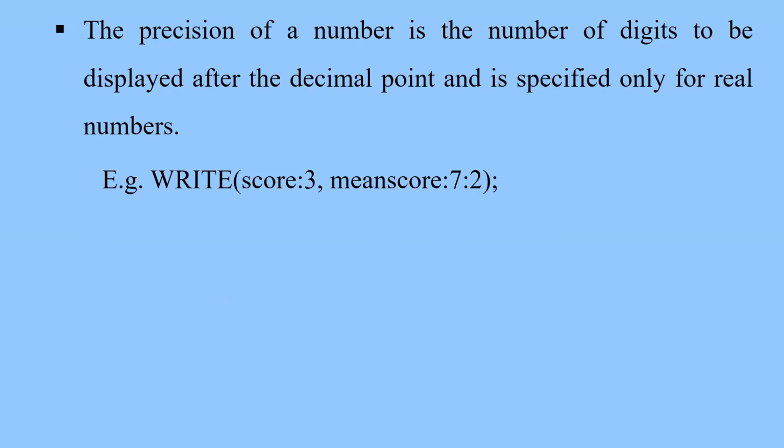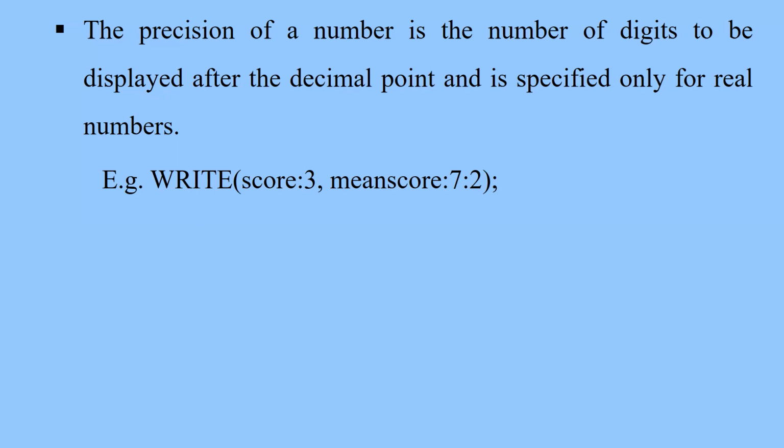That means the value that you have for mean score, if it has the whole number, the integer part and the fractional part, then the integer part and the fractional part should be formatted 7 to, meaning 2 for the decimal part. 2 characters should be part of the decimal point. So the decimal section should not exceed 2 digits.